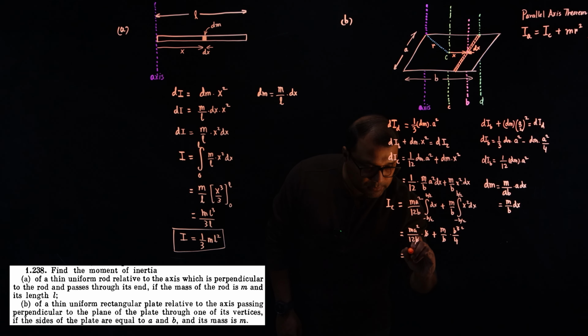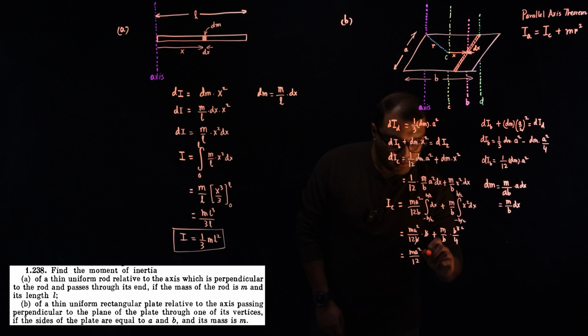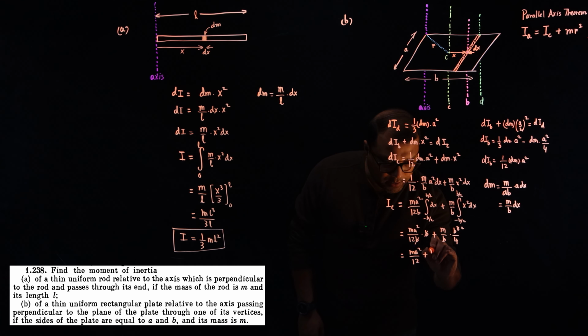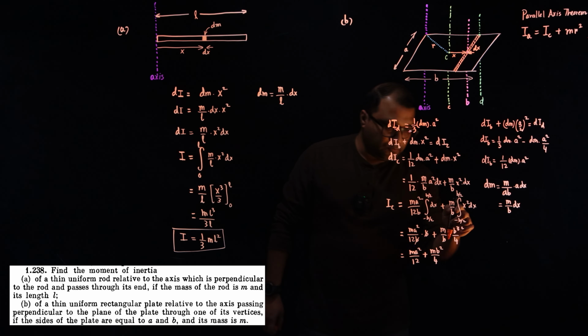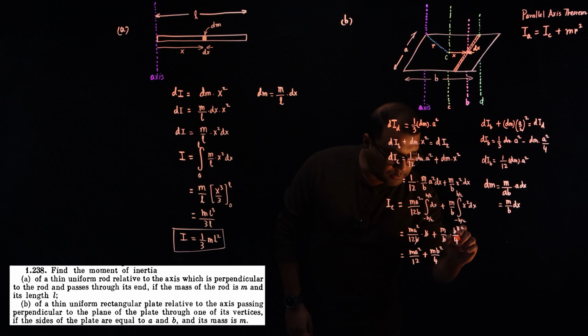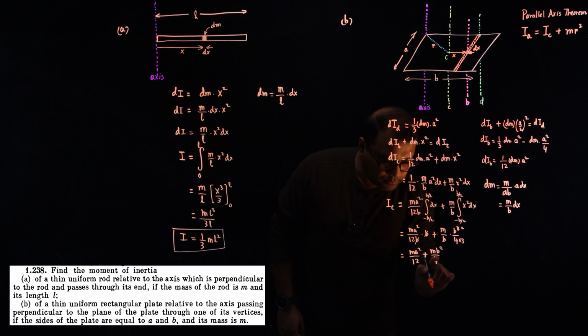Okay. So b gets cancelled here, b and b square. So this becomes m a square by 12 plus m b square by 4. Oh, actually no, we had x cube by 3, so this should be into 3, which is, it should be 1 by 12.